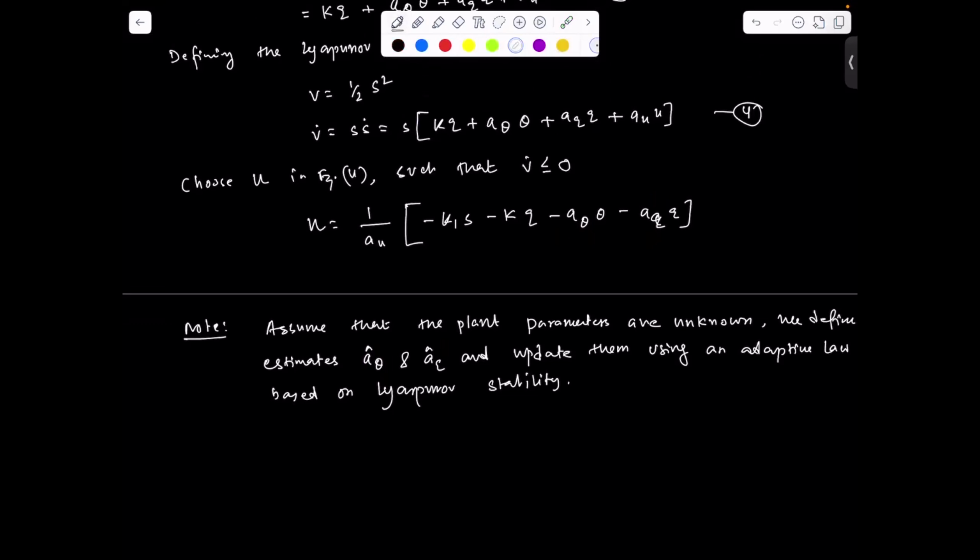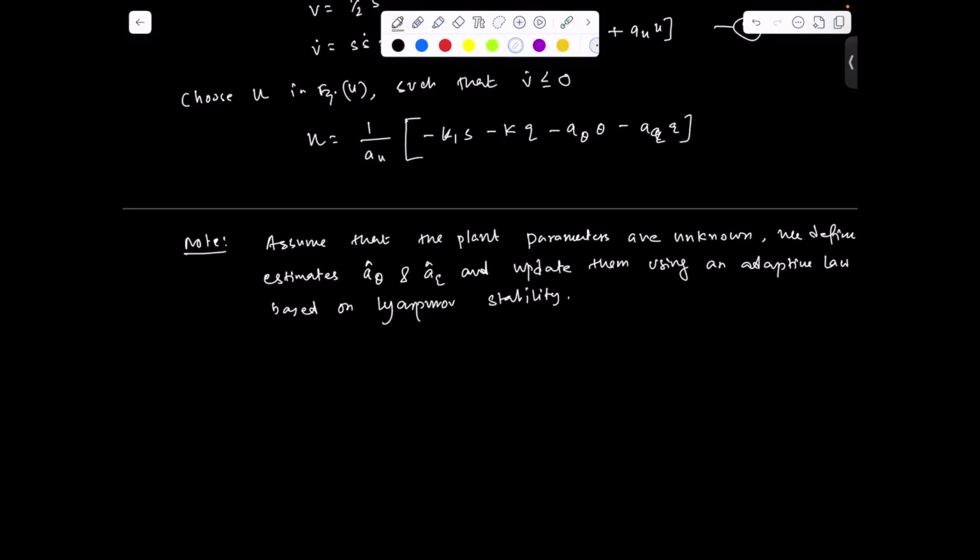So here, we first define the errors between A theta and AQ and their estimates.